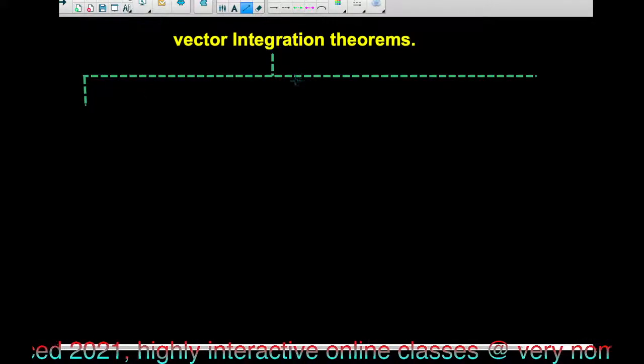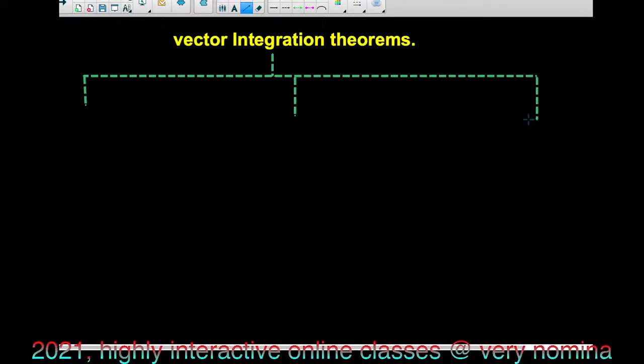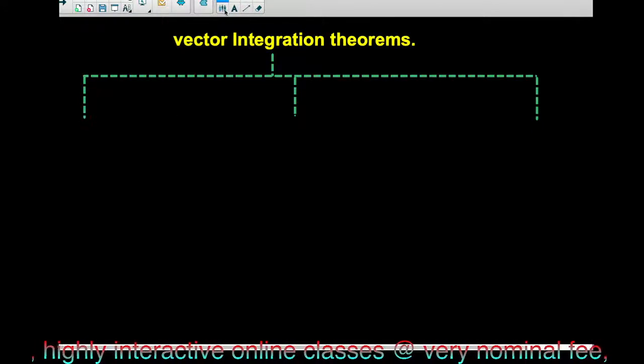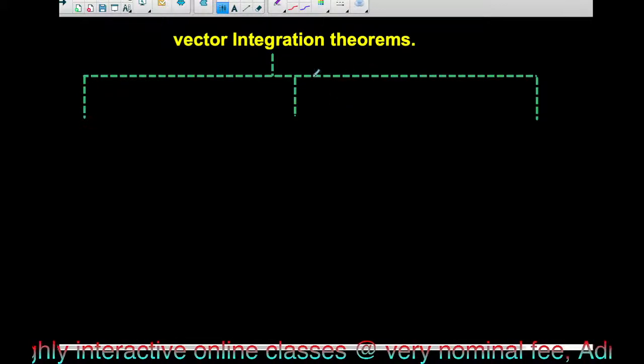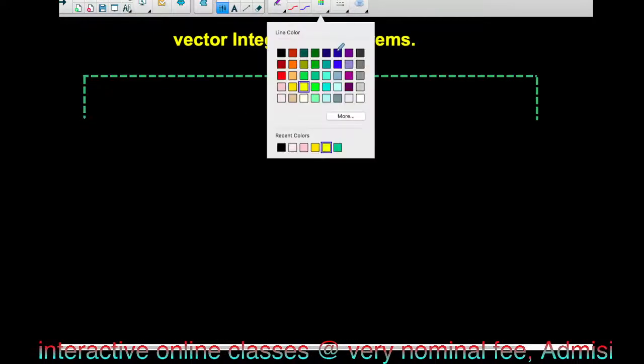Three theorems are important. Although theorems are many, and gradient theorems and others we will also go by, for the sake of convenience we will discuss these. So in vector integration theorem, first we have to go for Gauss divergence theorem, right?